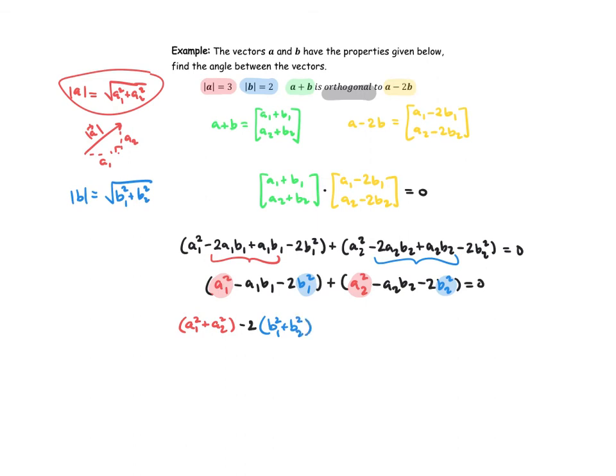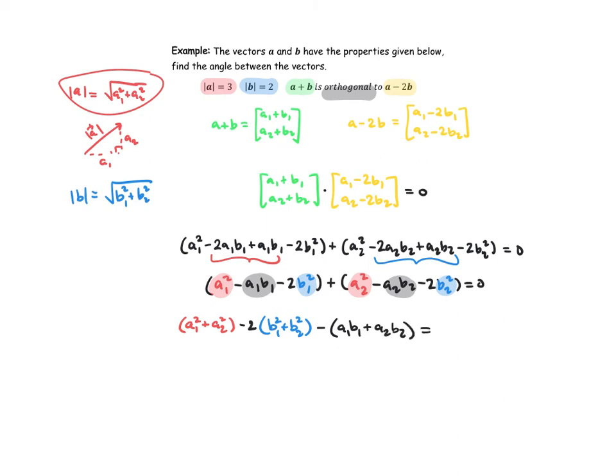And then I'm going to take what I've got left: A1B1 and A2B2. I'm going to factor out a -1 and put in A1B1 plus A2B2.